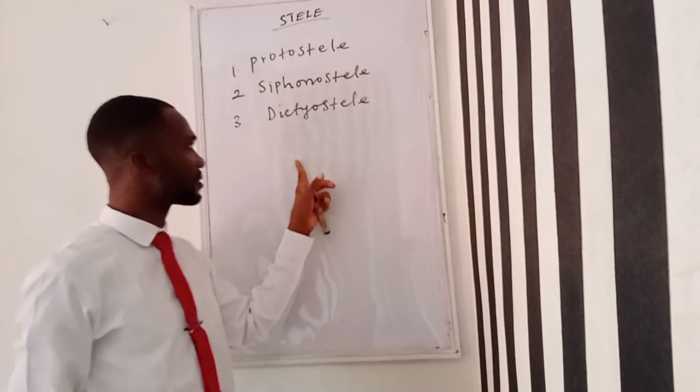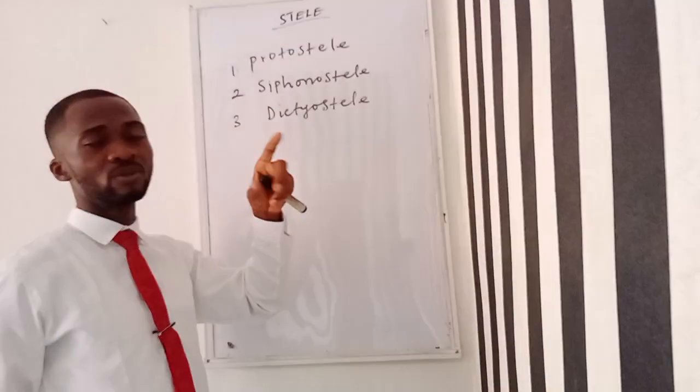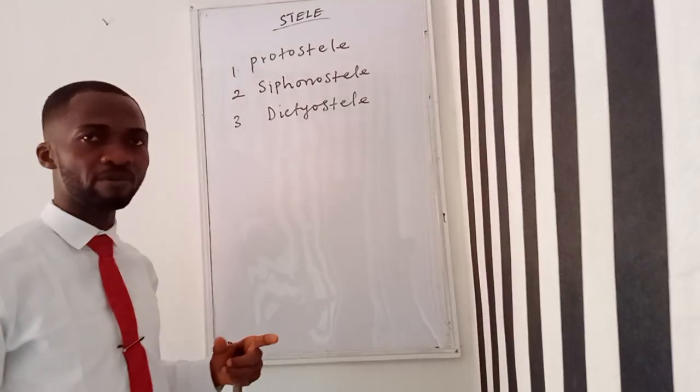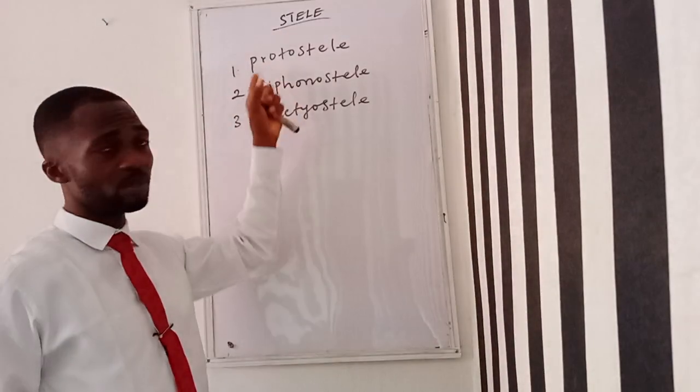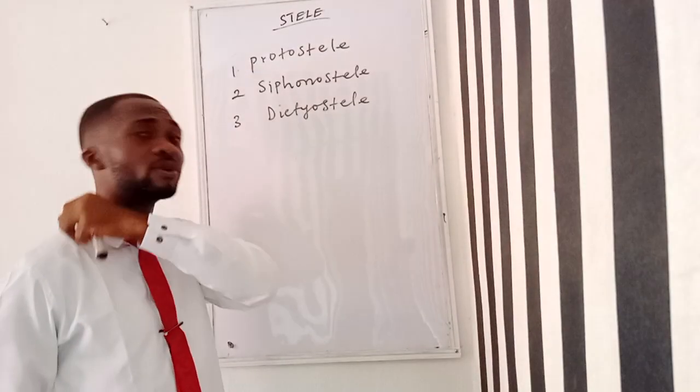The basic characteristic of this, as a matter of fact, proto means first. So the first group of stele to have evolved is known as the protostele. This kind of stele is devoid of pith.